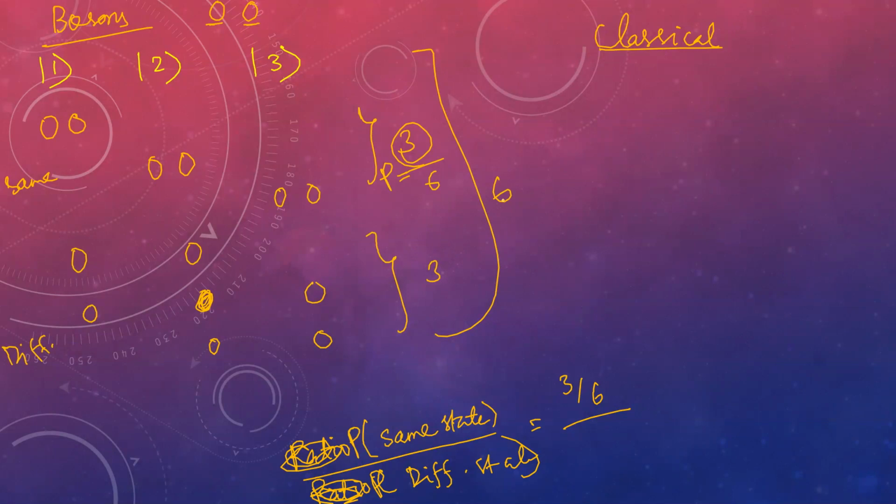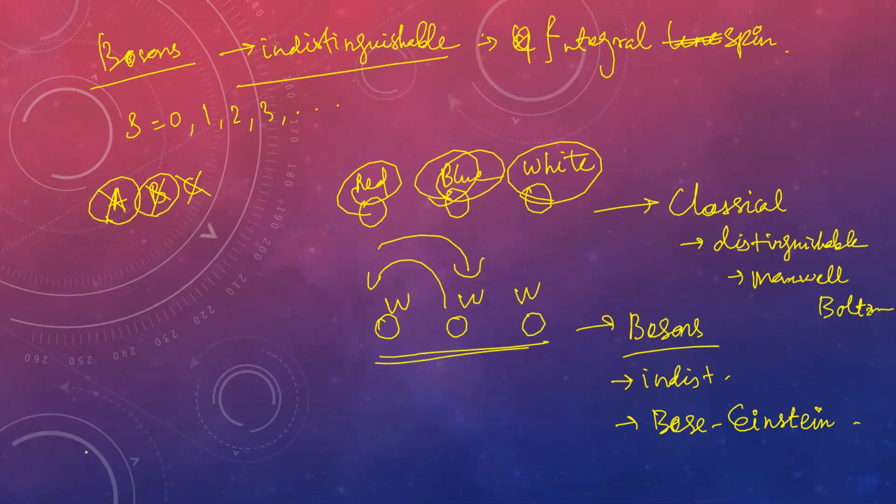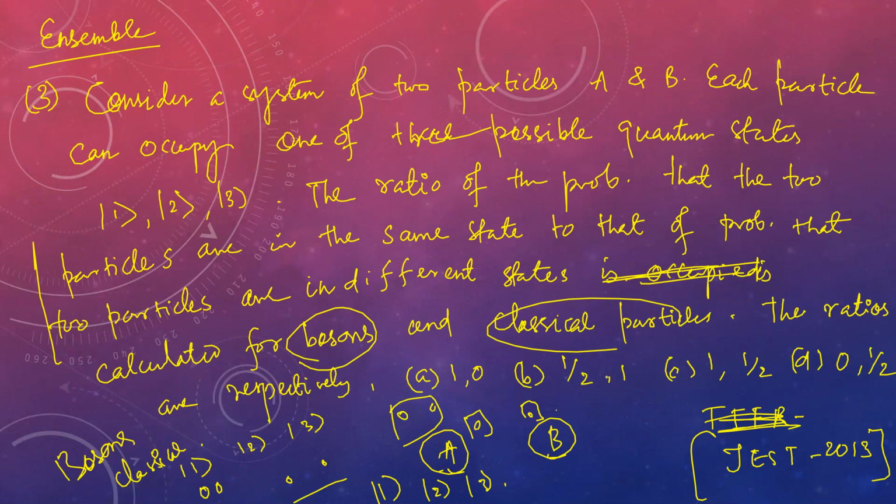How many total states? 6. So 3 by 6 probability. So easy. This is 1 by 2, this is 1 by 2, cancelled out. So the ratio is 1. So the first answer is 1. So the options with this answer remain and the others are omitted.